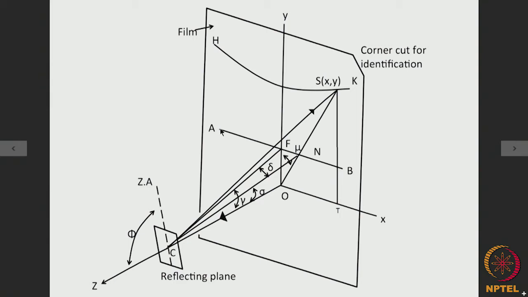We have already seen that knowing the value of theta, we just cannot identify this particular spot, because we are using not a monochromatic radiation, but a polychromatic radiation, the Laue method.